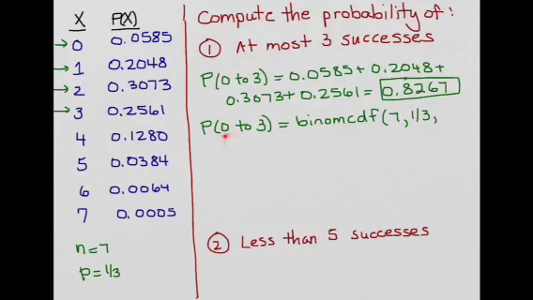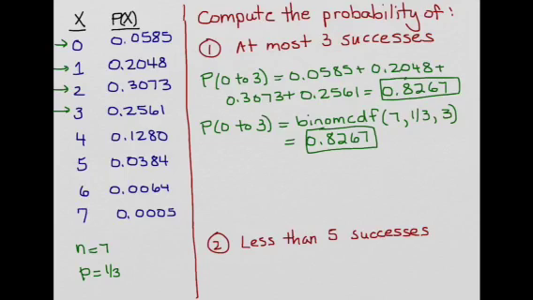So as long as we're starting at 0 and it's 0 to a particular number of successes, then we just write down that number of successes, and that turns out to be 0.8267. Okay. So we get the same answer either way, and that's how that works.